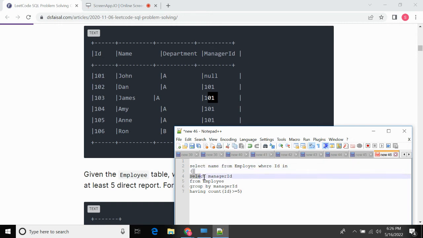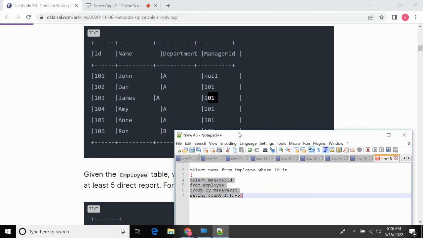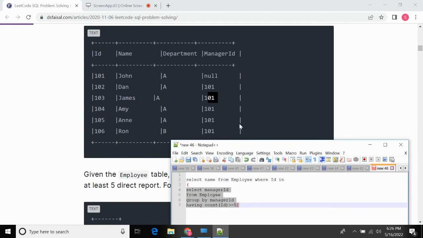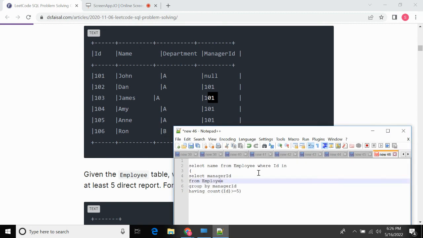and then select manager ID. So the output of this would be 101, and if you see this sample record, the output will be 101, right? And you are just selecting the name where ID in 101, so you will get an output as John, right?